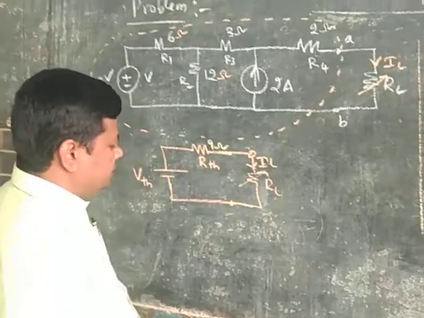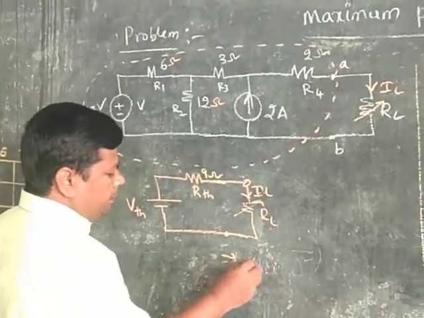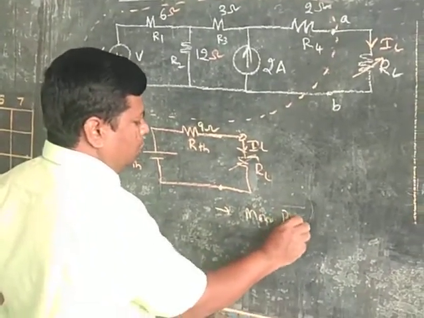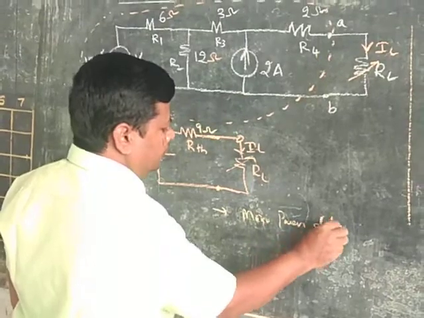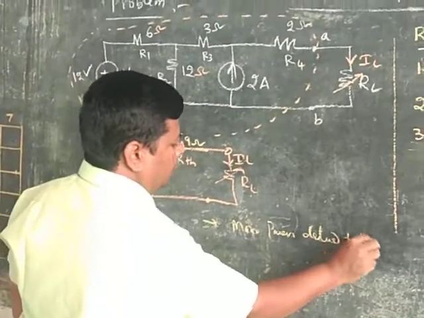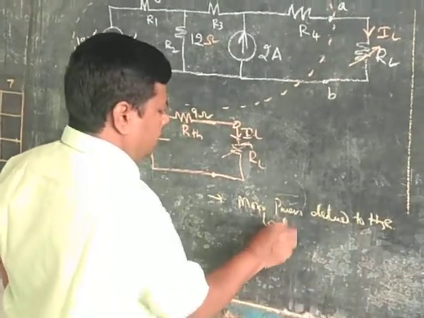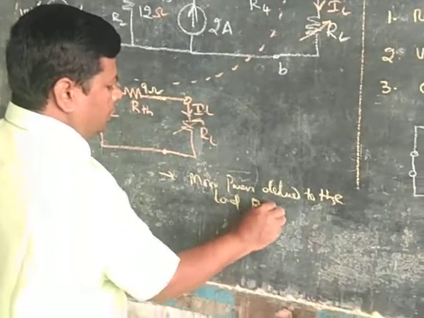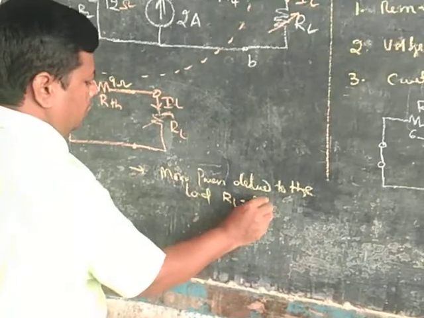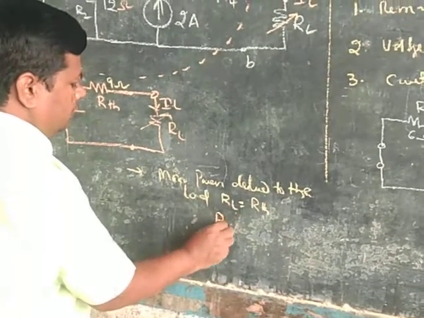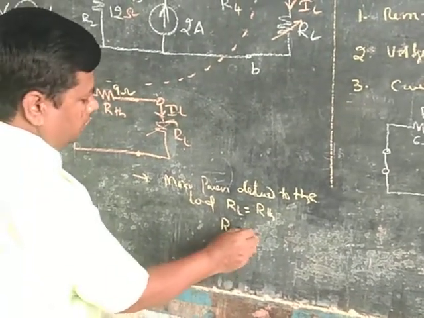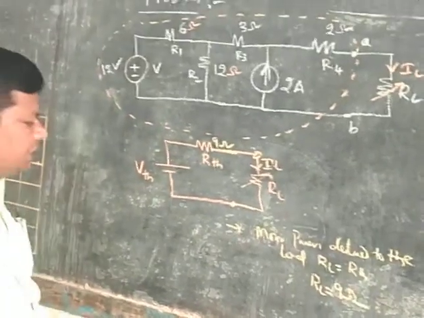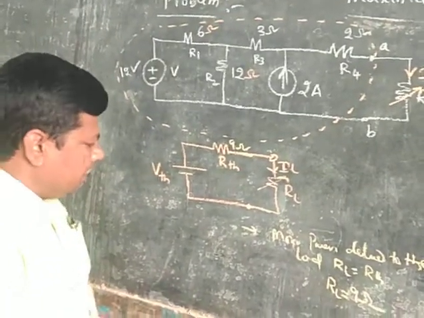Then we can directly say that maximum power is delivered to the load when RL is equal to R Thevenin. Now RL is equal to 9 ohms. Then the second thing is how much power is delivered to the load.